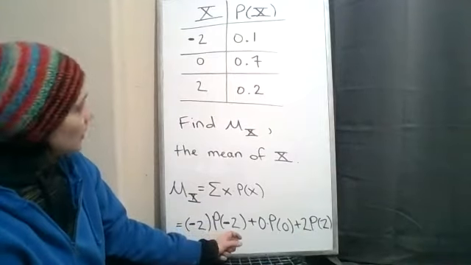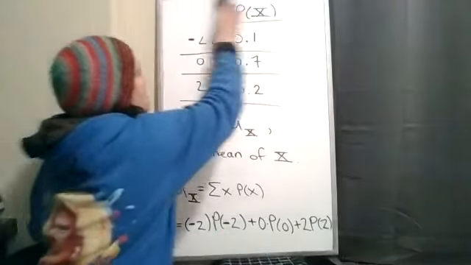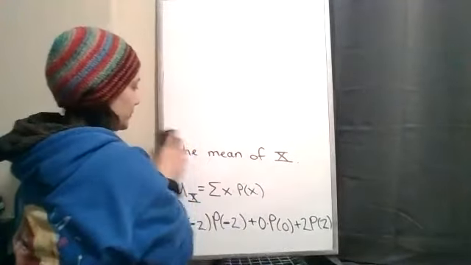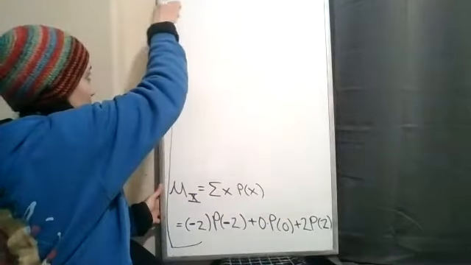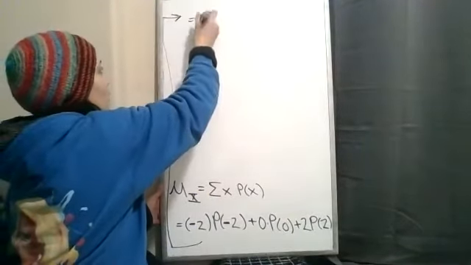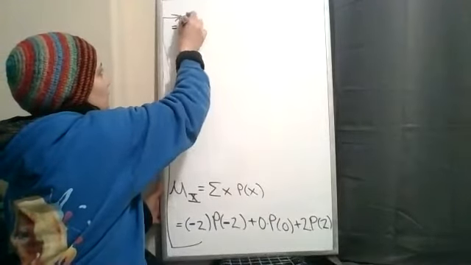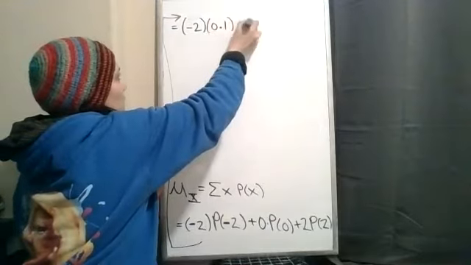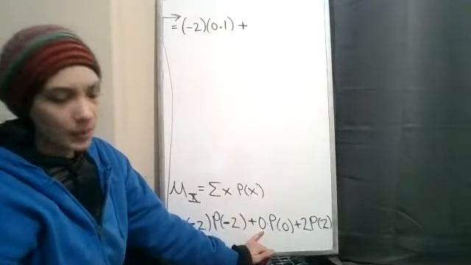-2 times 0.1. Well, this is going to be 0, but I'll put in what you would have.